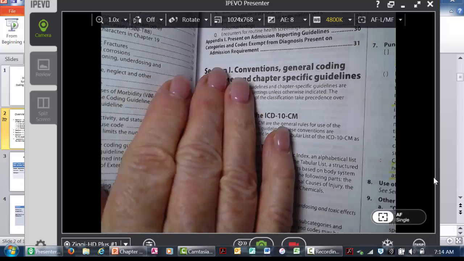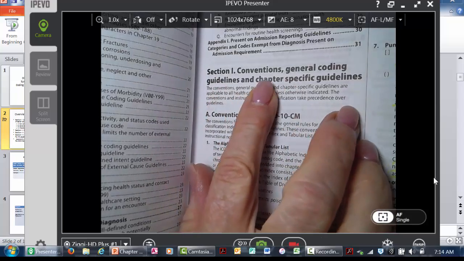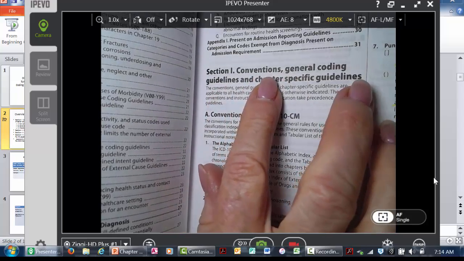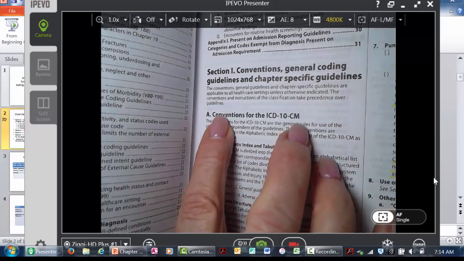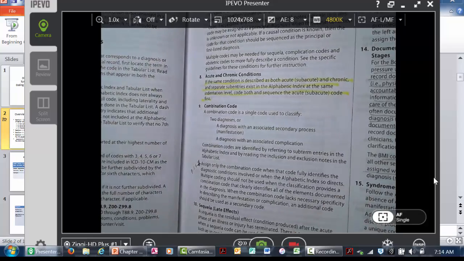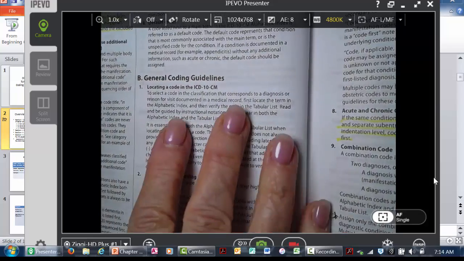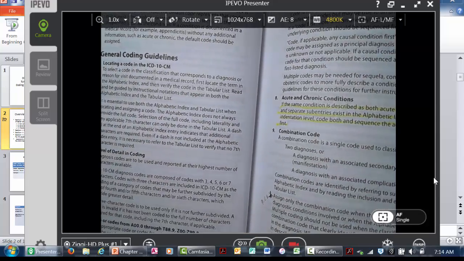So quickly, to make sure everybody's on the same page, we're in the code book, Section 1. Section 1 includes our conventions, our general coding guidelines, and chapter specific. Here's A, where we have conventions. B, the general coding guidelines, which we do use quite a bit.